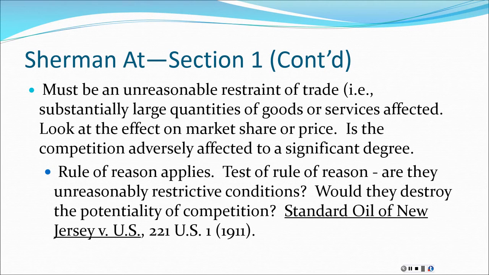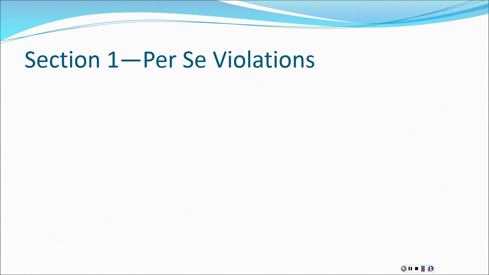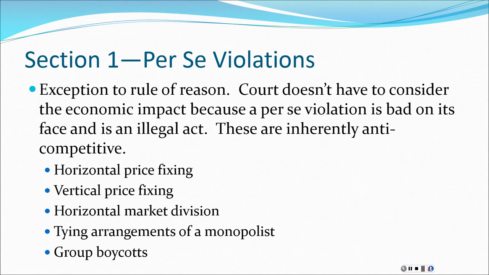Would they potentially destroy the competition? And that's the question that you ask. How much effect is it having on competition? There are some violations of Section 1, however, that have no redeeming qualities on their face.